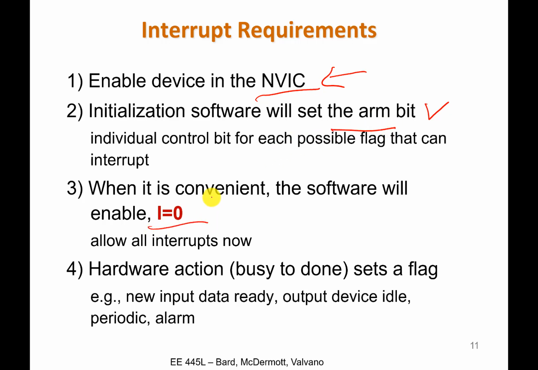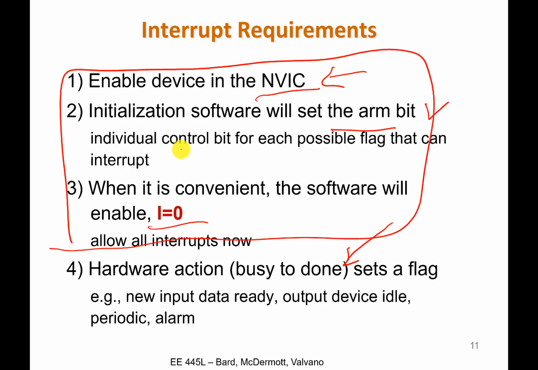In the processor, we set I equals 0, and then the hardware generates that trigger. Now, these 4 steps can be in any order. Typically, the first three are done during initialization, and the trigger is done over and over again while we're running. But it could be in the other order if you wanted.